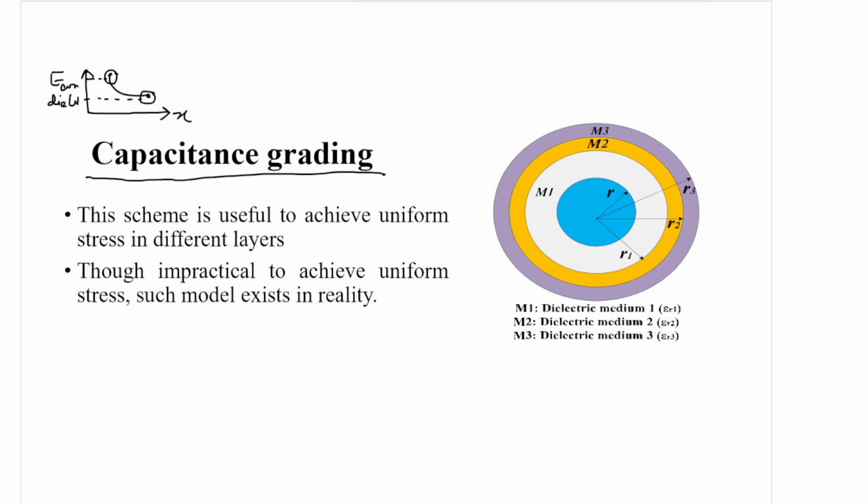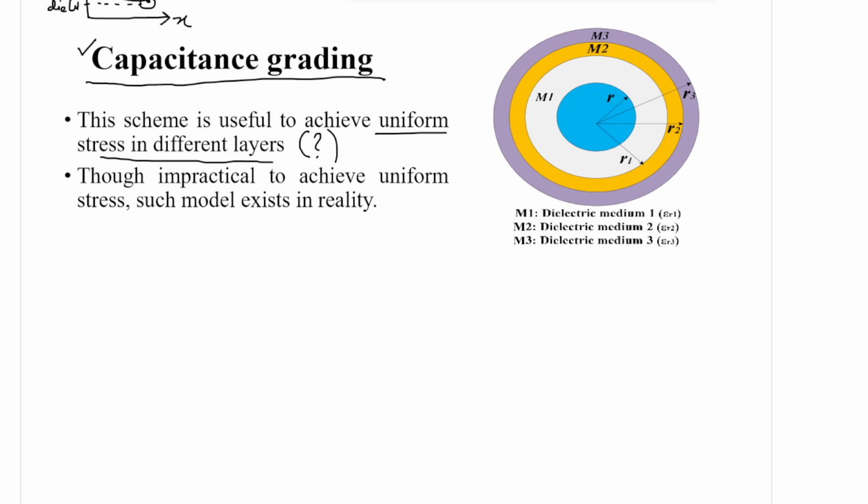Now this capacitance grading is typically useful to achieve uniform stress in different layers. However, what do you mean by uniform stress? I am coming to that in a minute.